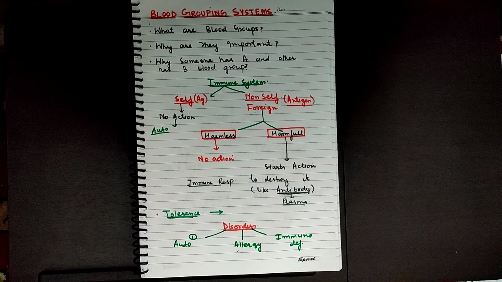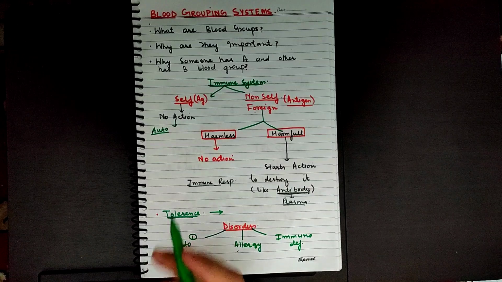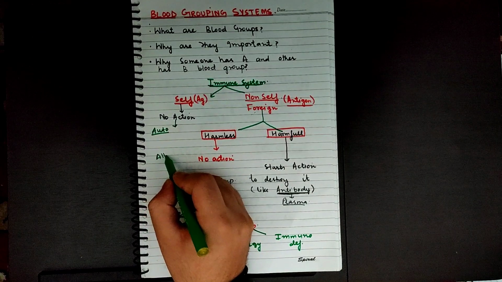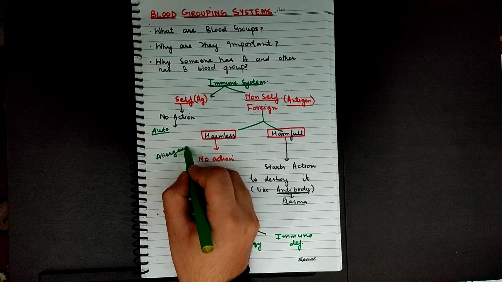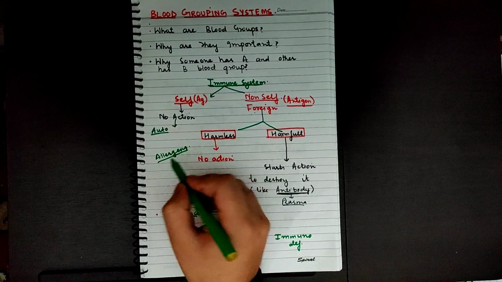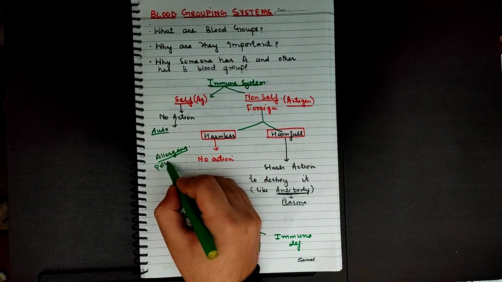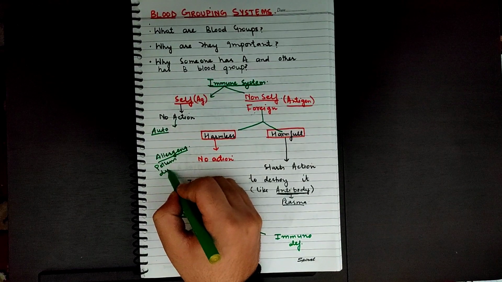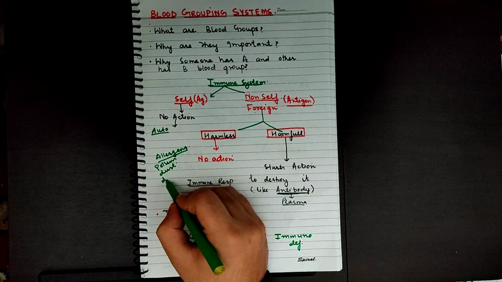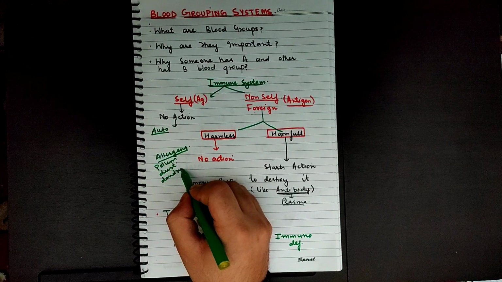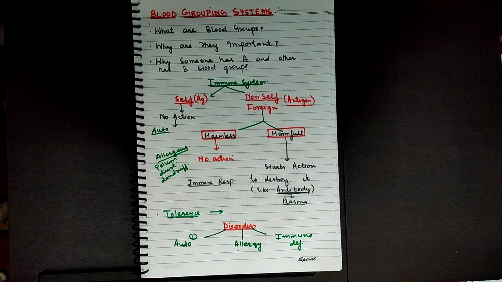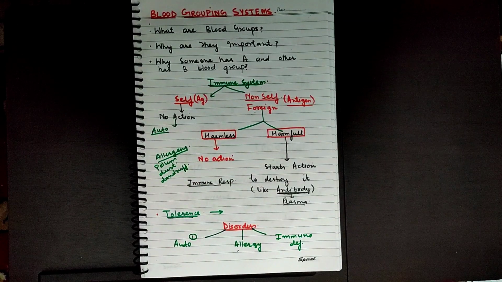And these small, harmless molecules are known as allergens. Our common allergens are pollens, dust, dandruff of the animals. These are some of the common allergens against which our immune system becomes allergic.